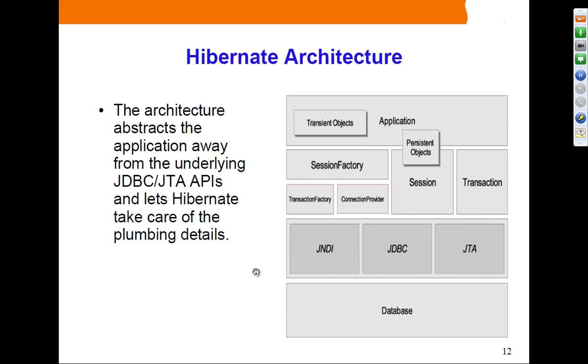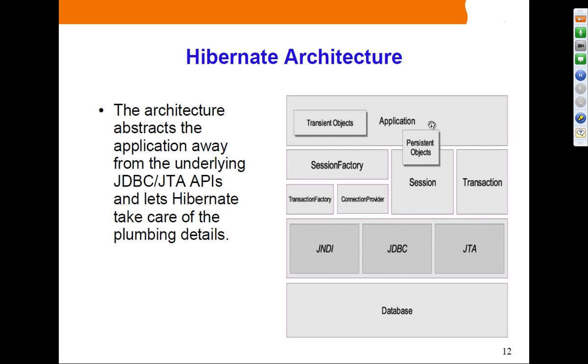Okay, so this is a bit more detailed. So you have a database, and you can have different layers, JDBC, JTA, and JNDI. And one of the advantages of Hibernate is that it could hide these low-level APIs. Hibernate provides these high-level APIs such as a session factory, session, and transaction, and the session factory has a transaction factory and connection provider.